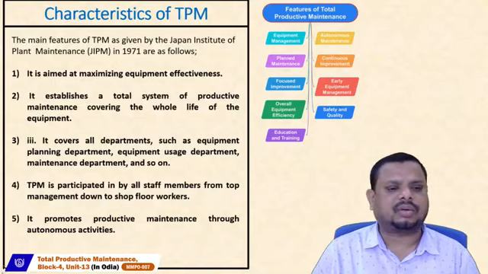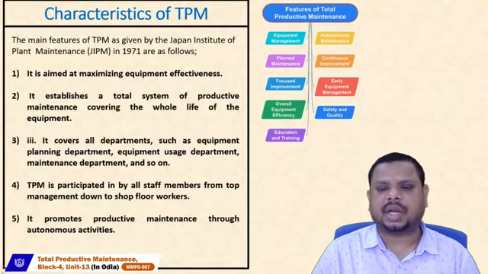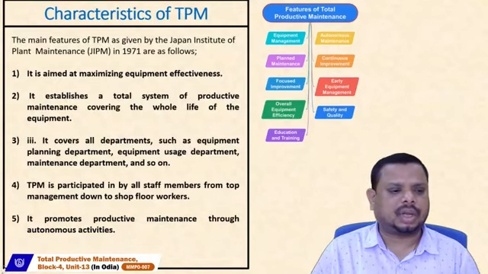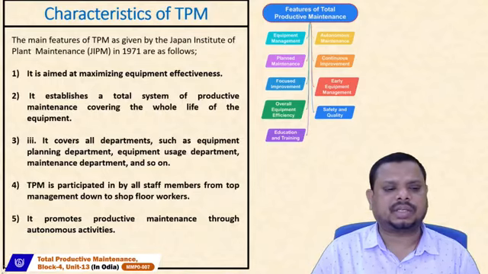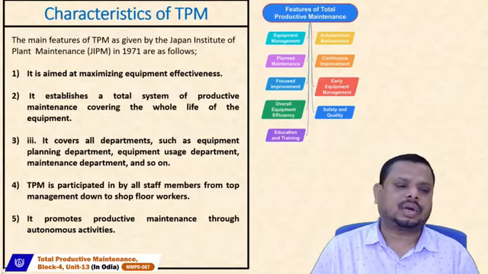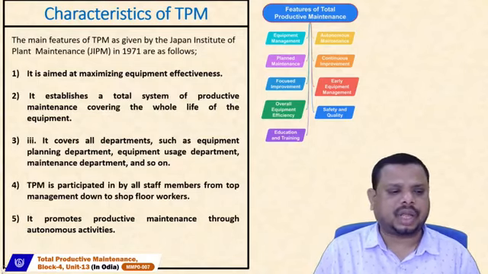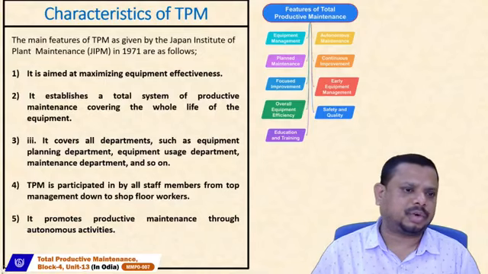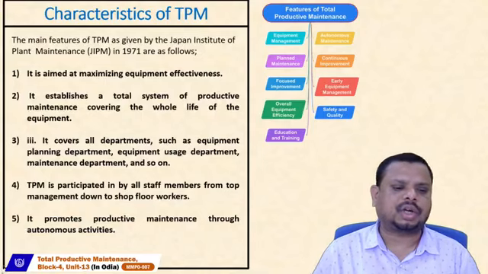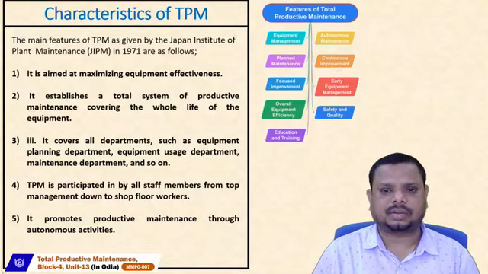The third one, it covers all departments such as equipment planning departments, equipment use departments, and maintenance department, and so on. The fourth important point is that total productivity maintenance is participated in by all staff members from the top management down to the shop floor workers. And the fifth most important feature is that it promotes the productivity maintenance through autonomous activities.